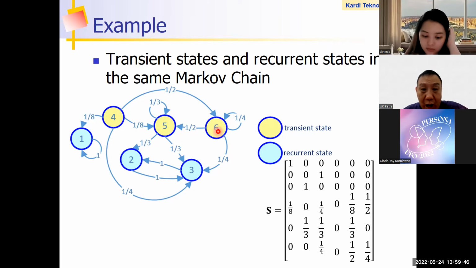Once you go out, yes, you can come back, but there is a possibility, say from node 6 here, if you go out, you can come back to here, but there is a possibility that you go here and then go to node 3, and never come back. So can you distinguish between recurrent and transient in the network?